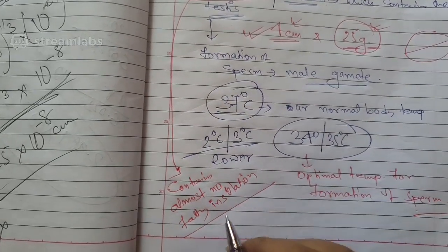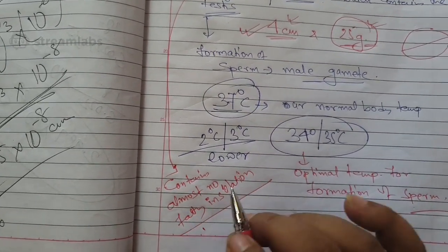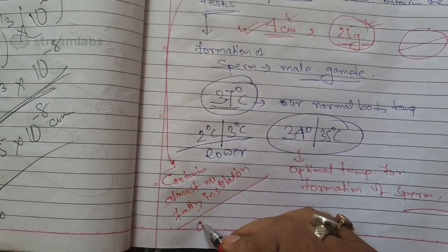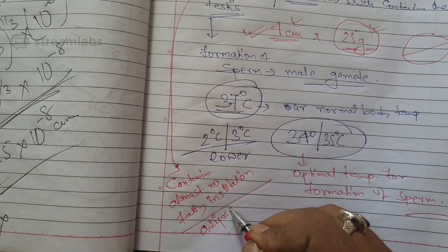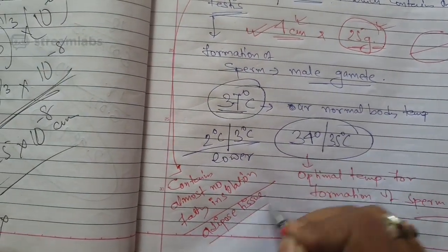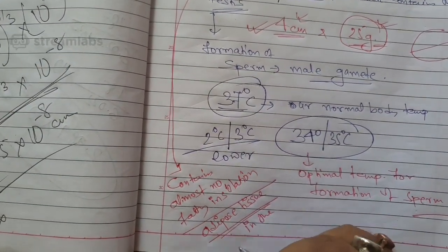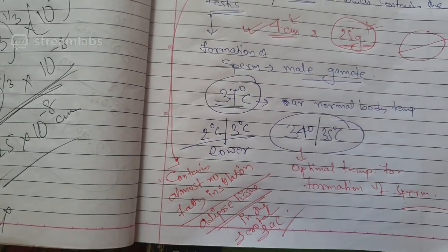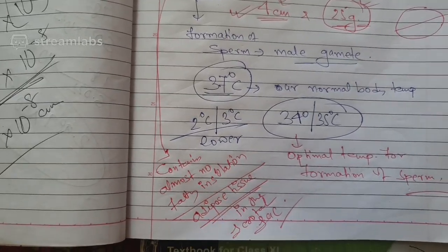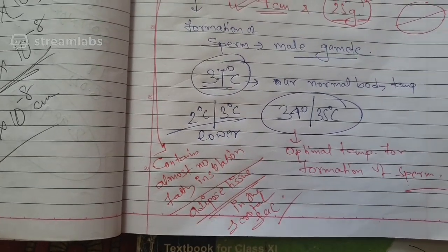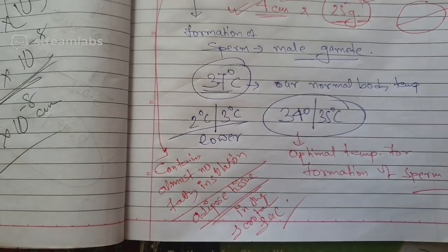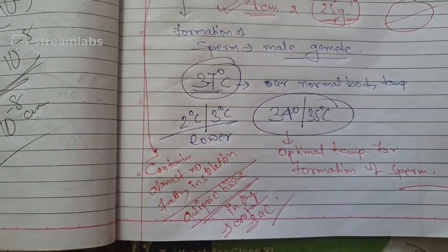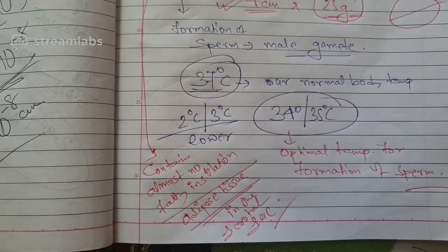That means there is almost absence of adipose tissue, the tissue which stores fat, in the scrotal sac. Did you know this? No, this is new information, I hope. And I hope that you can justify this information, because the insulation is not there in the scrotal sac, which will help the scrotal sac to maintain the temperature at 34 to 35, which is below 37 degrees Celsius, which is the optimal temperature for production of sperms.